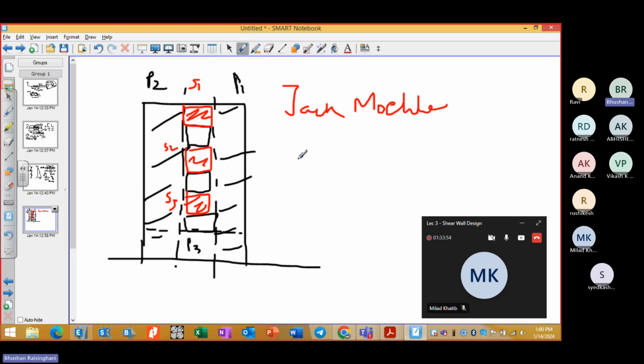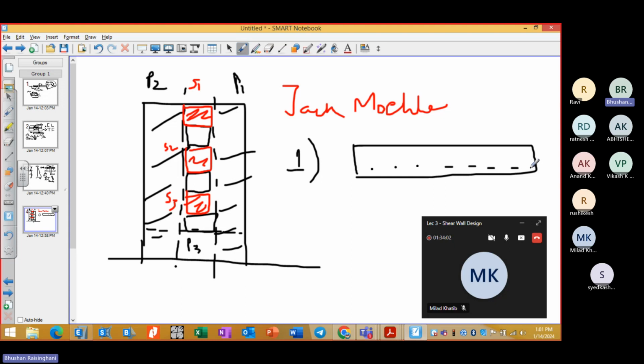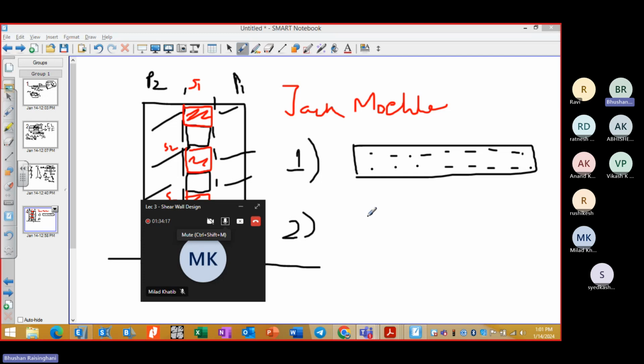So we have two types. One is the uniform distributed reinforcement. Whatever the reinforcement you are getting, you are distributing it uniformly on both of its faces. So that is the uniform reinforcement as per our IS code. And also in ETABS, the case one would be that uniform design as per uniform reinforcement. Second is your C type and T type, also defined in ETABS.